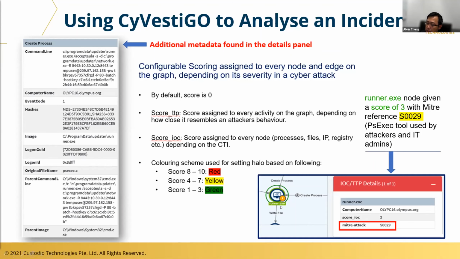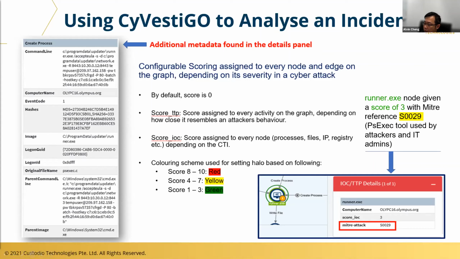It shows that this process is matching the IOCs, meaning it matches a suspicious or malicious file that has been published by someone. When you click on it, you will see information that tells you the score of the IOC. How bad is it? In this case, it's 3. It's green, so it's suspicious, but not exactly malicious. They also tell you the MITRE ATT&CK IDs in this case.